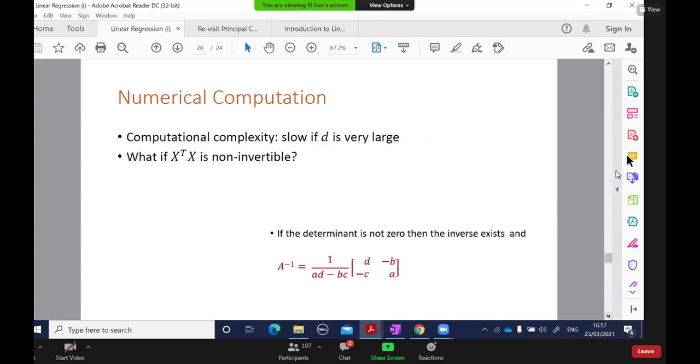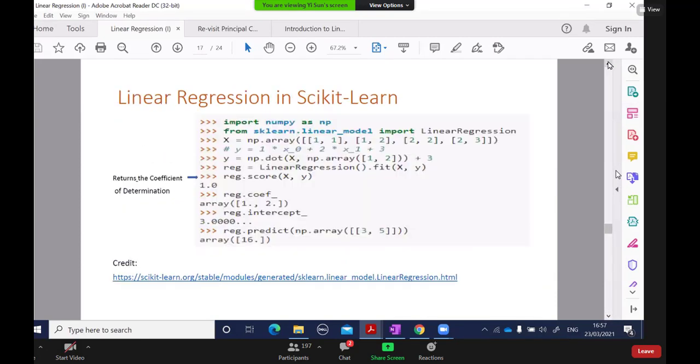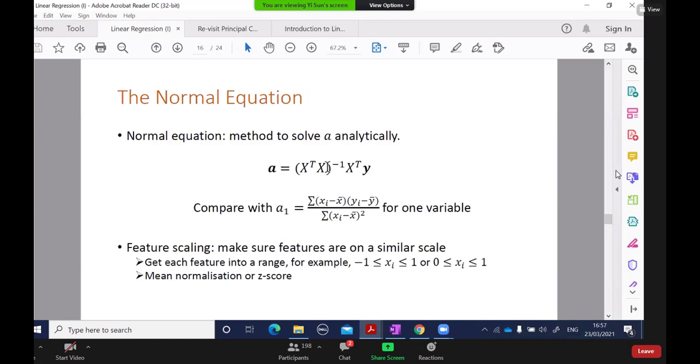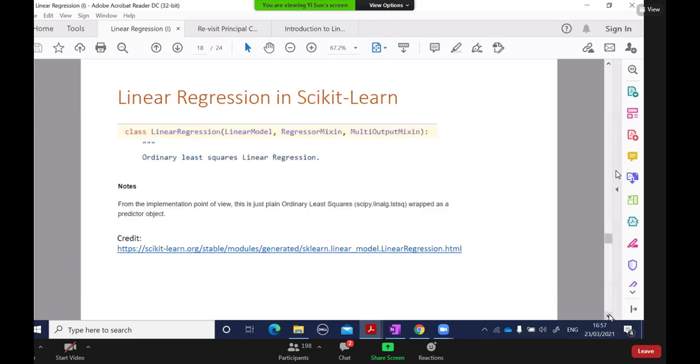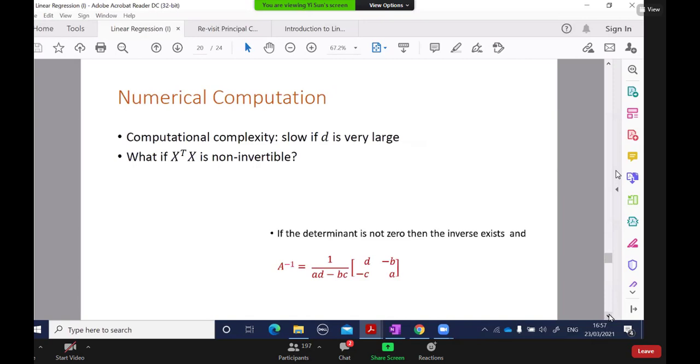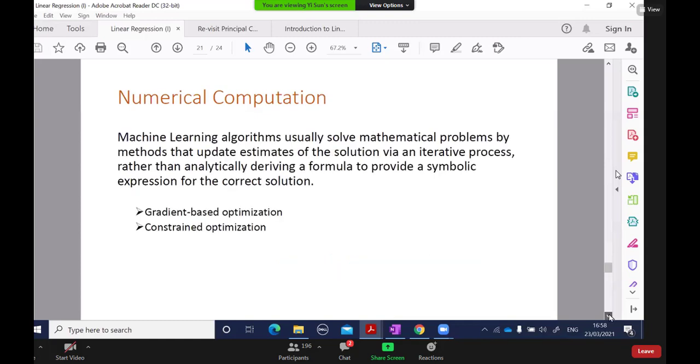Remember, if we have a large data set, then the inverse here is not easy to calculate even with a very powerful computer. Then we may have a problem. Either it's very slow or numerically there are some errors. This inverse cannot be calculated smoothly. The normal equation won't work. Then what do we do?